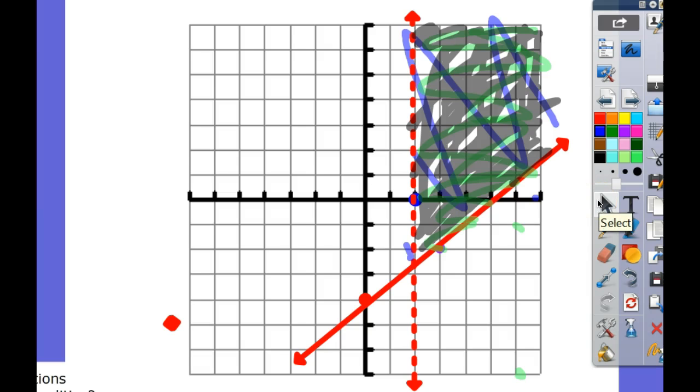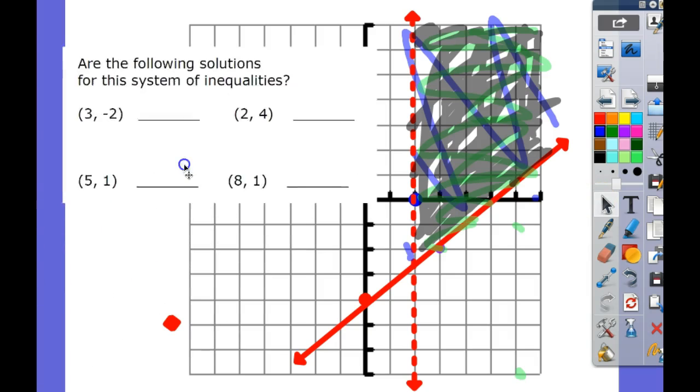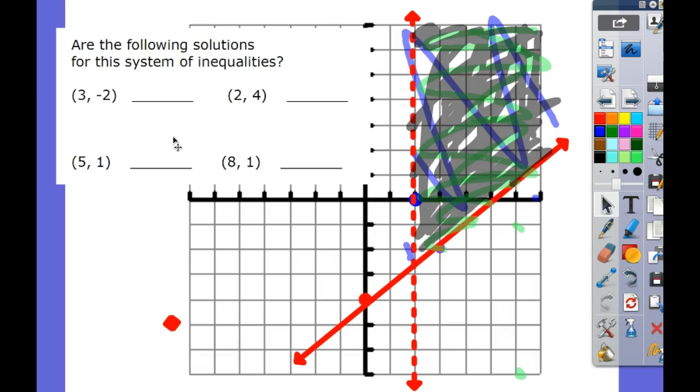Okay, so then you had this other part. So is 3, -2 in the shaded part? What's right on the line? And the line is solid. And so that's a yes.